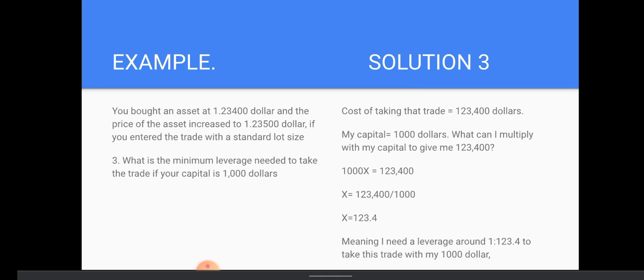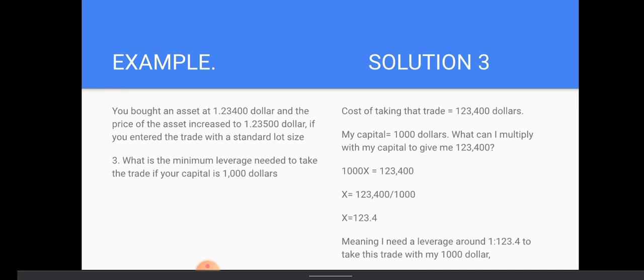All you have to do is just mathematics. Cost of taking the trade, using one standard lot size, $123,400. My capital, $1,000. What can I multiply with my capital to give me 123,400? It's just simple reasoning.